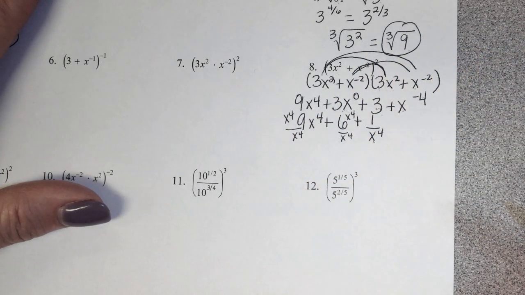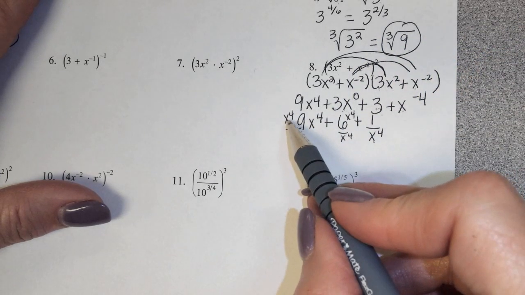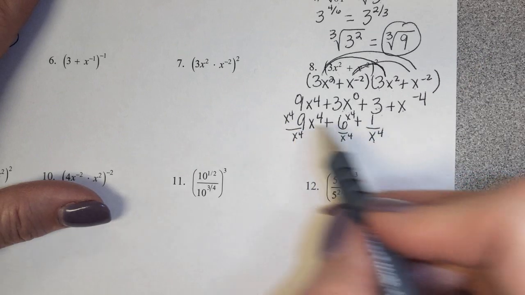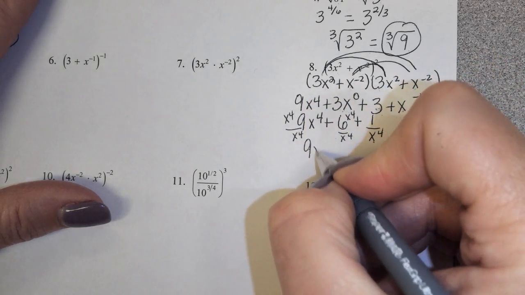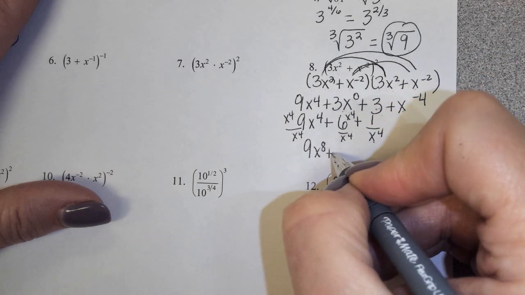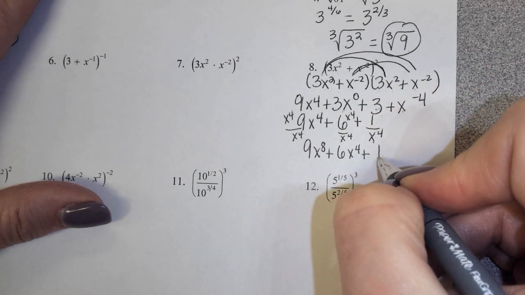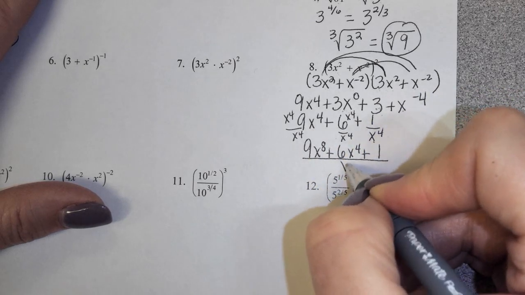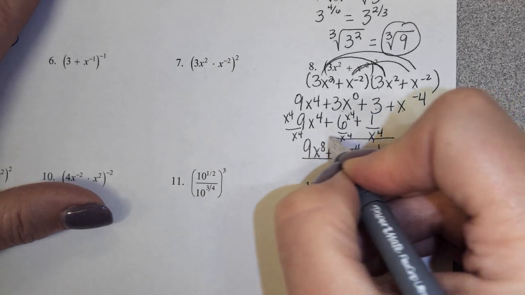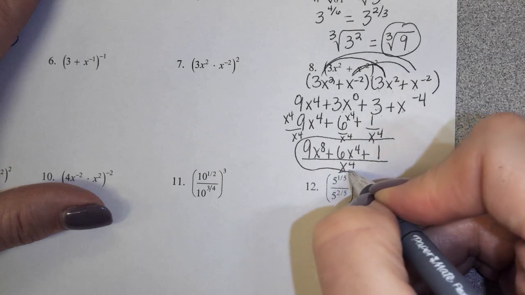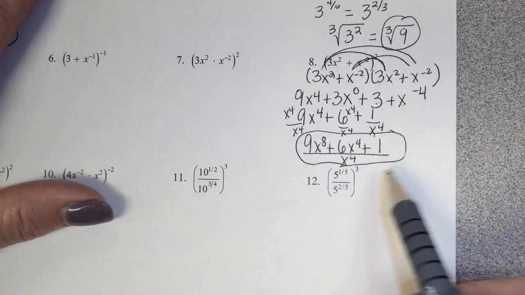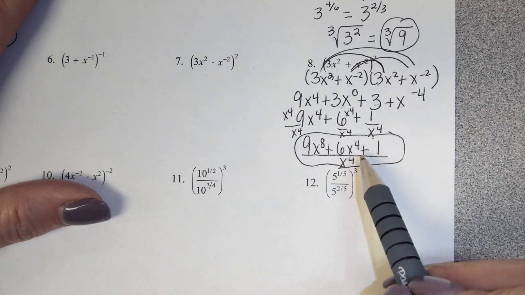Just getting a common denominator. So now I would have a common denominator. I've got 9x to the 8th plus 6x to the 4th plus 1 all over x to the 4th. And that's the best answer because we have the common denominator.